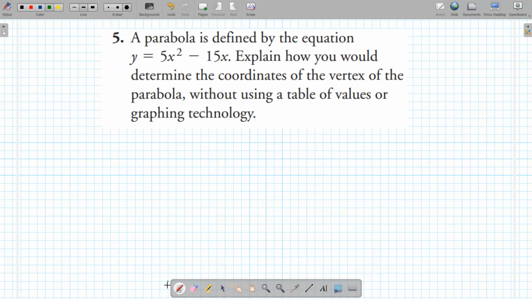You find the midpoint. Well, first you'd have to find the x-intercepts. To find the x-intercepts, you would have to factor it. How do you factor this?